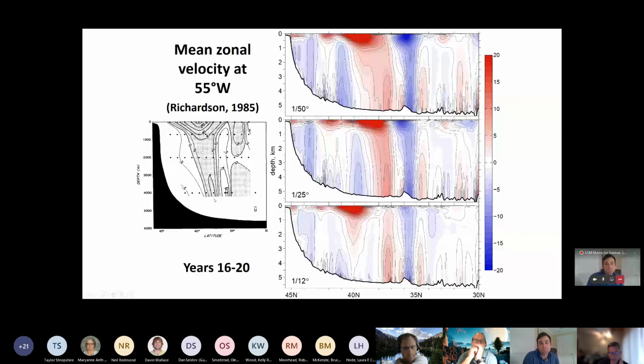If you look at the 1/12 of a degree, it's mostly confined to the surface, and you don't have any penetration in the interior. They're disconnected between the two flows here. It starts to get better at 1/25 of a degree, and it's more pronounced at 1/50 of a degree.